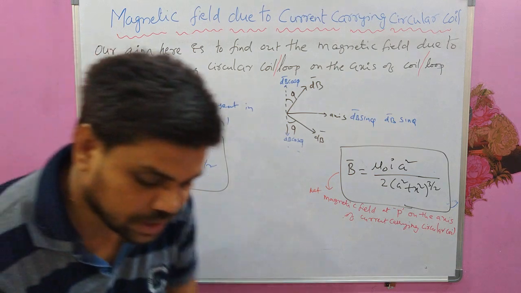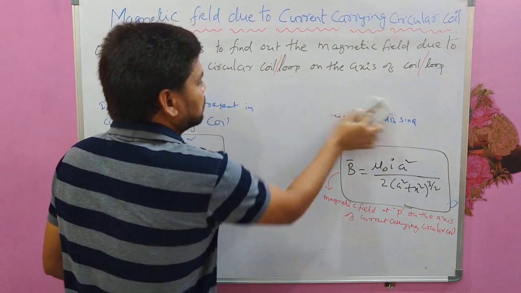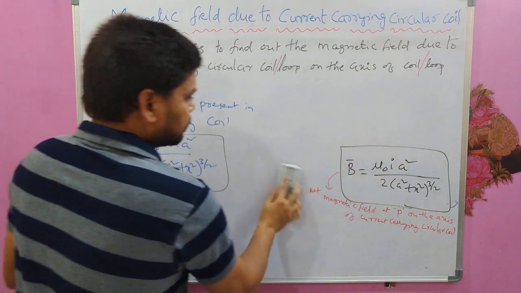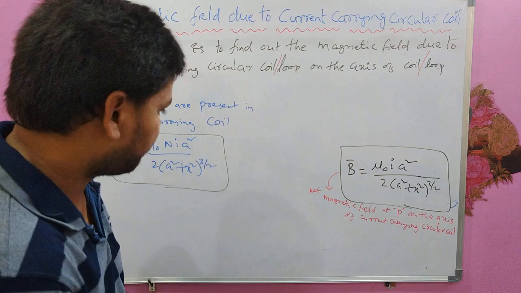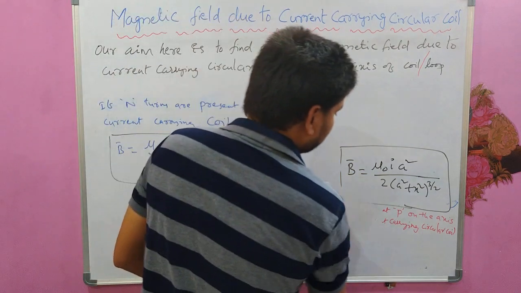Right? So using this, now let us see one small special case with n equal to 1. Okay?